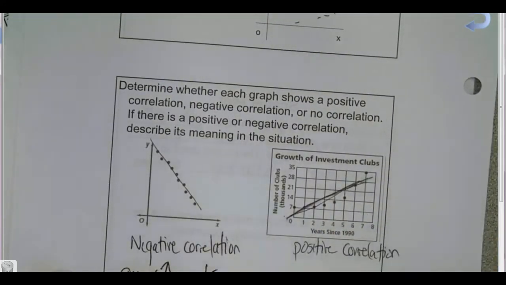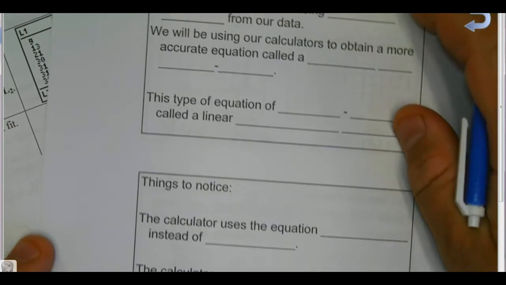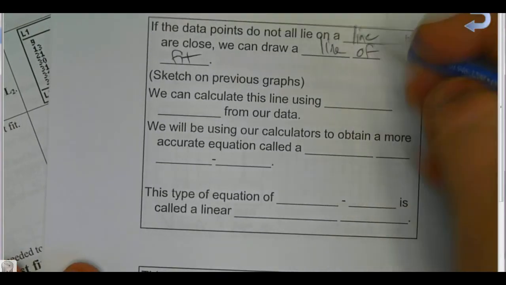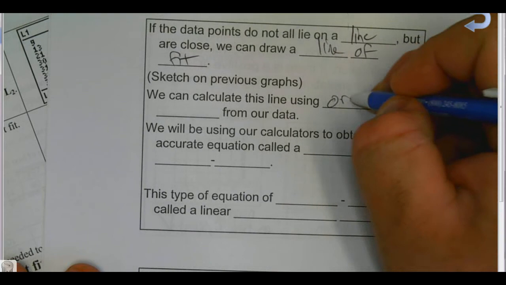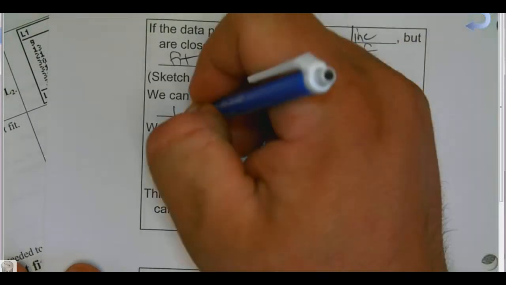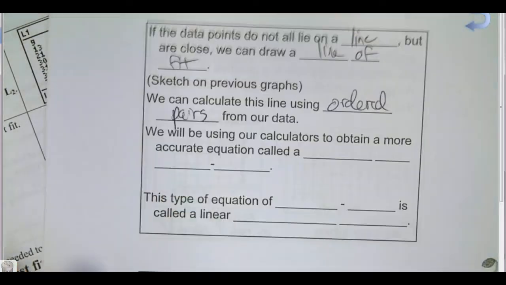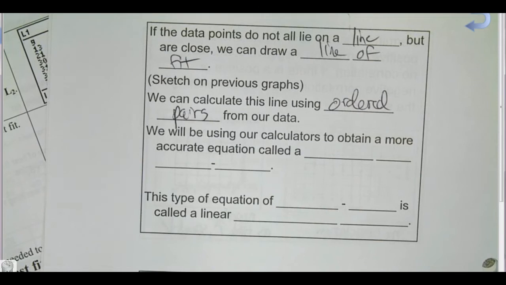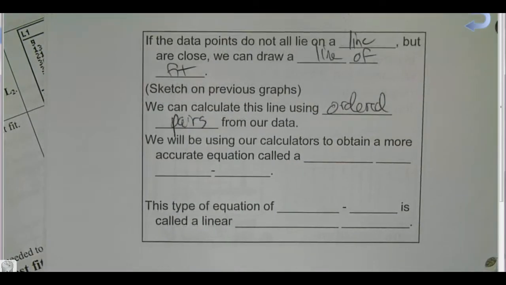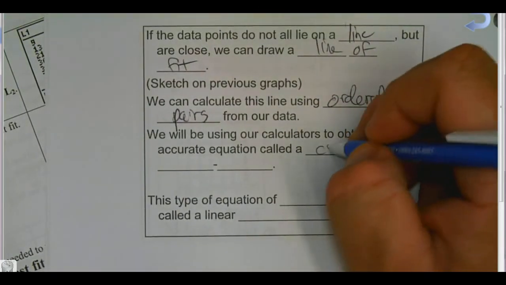Kind of just a line right in the middle of the points. We can calculate this line using the ordered pairs from our data. So today the focus is we're going to be using our calculators to obtain a more accurate equation called a curve of best fit.